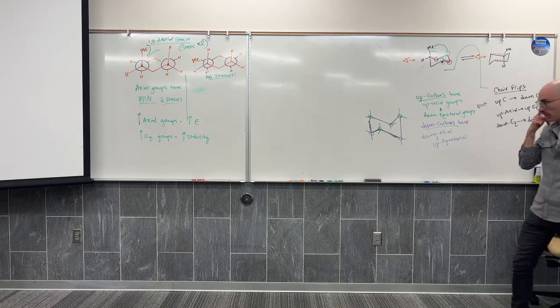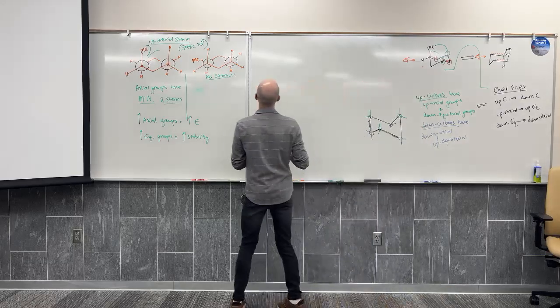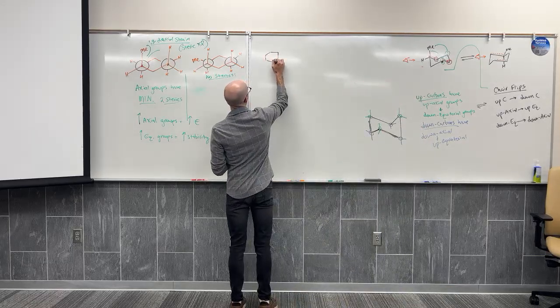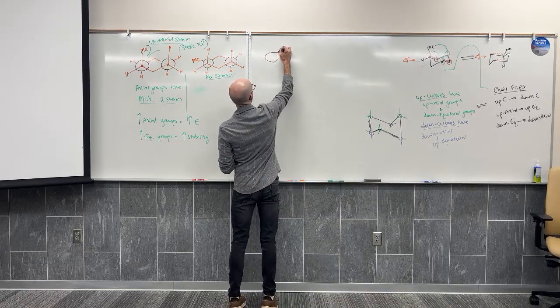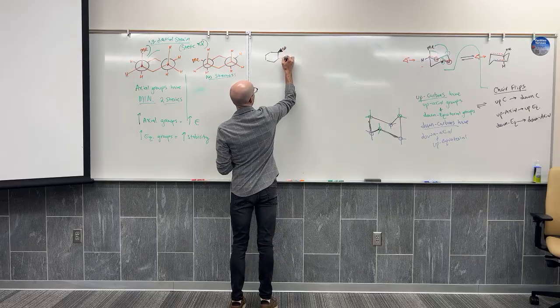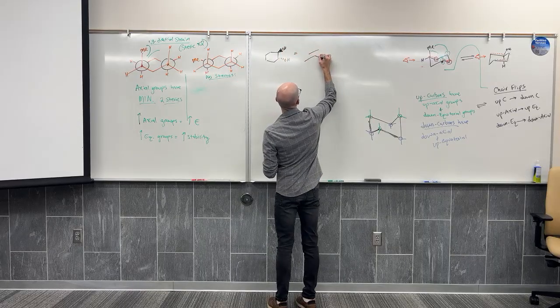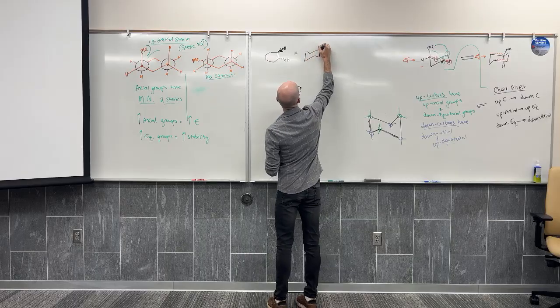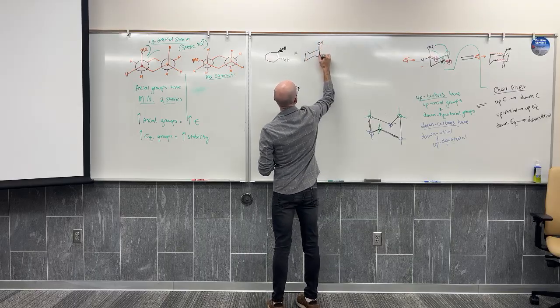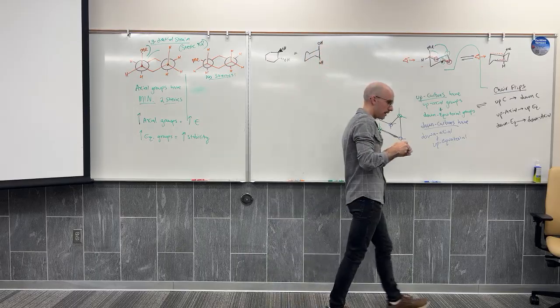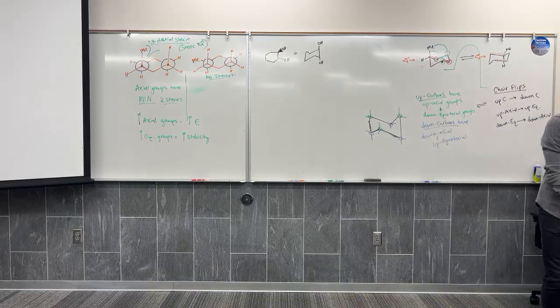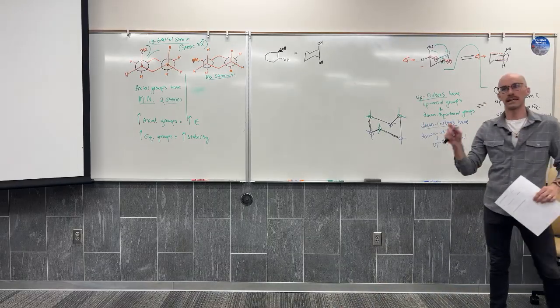Okay, so we take this chair conformation that we're given, trans 1,2-cyclohexane diol, and we see it already put into one chair conformation. The up OH is on an up carbon, making it up axial.